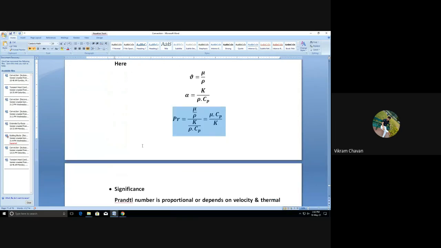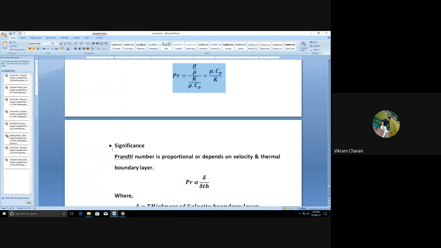Okay, so what does it signify? Prandtl number is proportional to, or depends on, the velocity and thermal boundary layer.